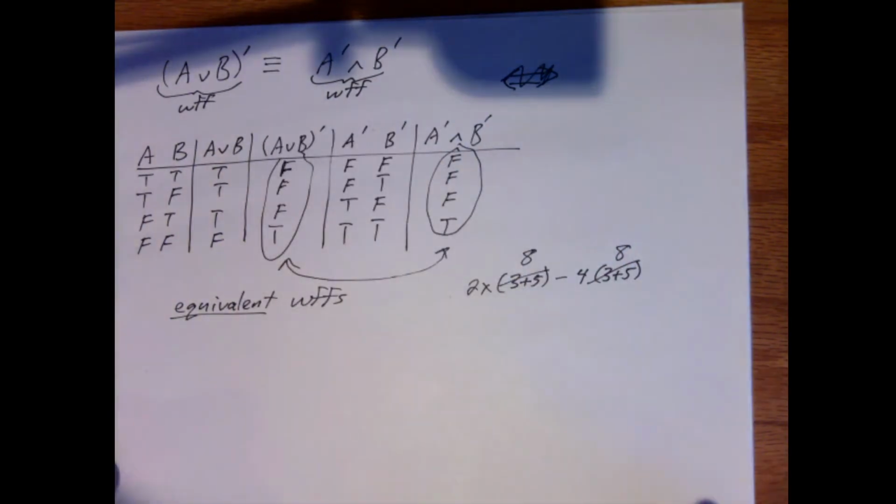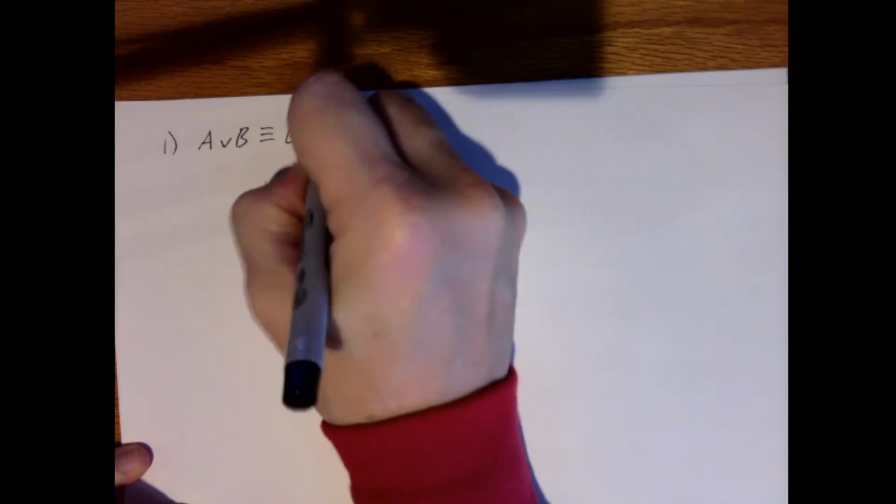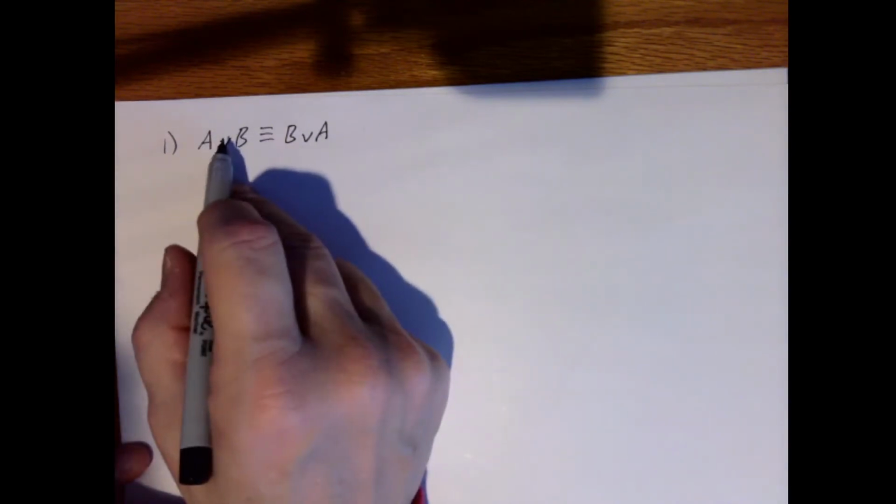Okay? So there's a number of these. Let's look at some of the basic ones. Some of these will be somewhat obvious. So these are equivalences. This should make sense to you. A or B is equivalent to B or A. This is just logical or. So it should make sense that which one's on the left and which one's on the right is really irrelevant.